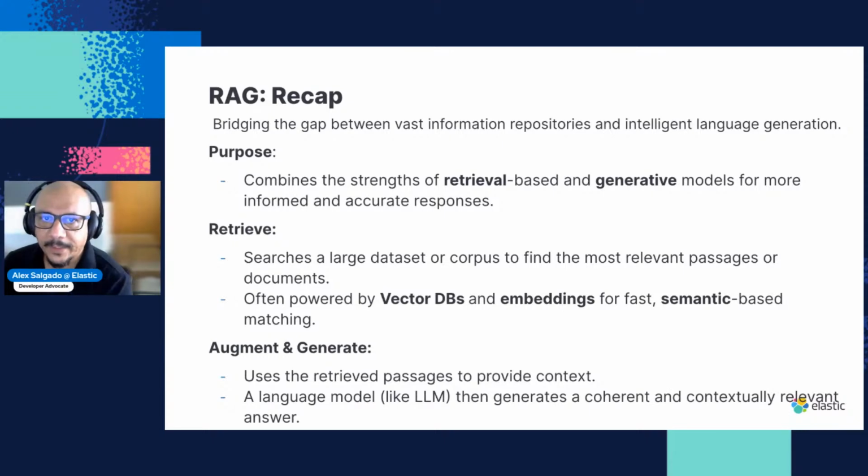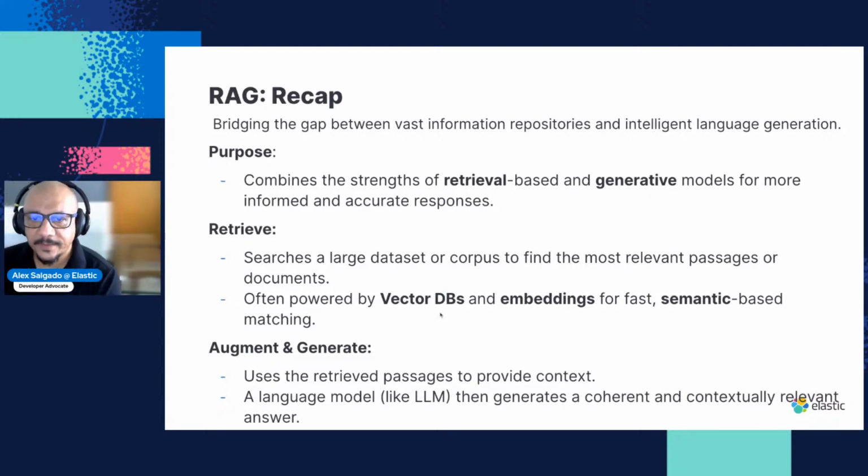So making a recap, RAG bridges the gap between the vast information repository and intelligent language generation. It proposes to combine the strengths of retrieval-based and generative models for more informed and accurate responses.